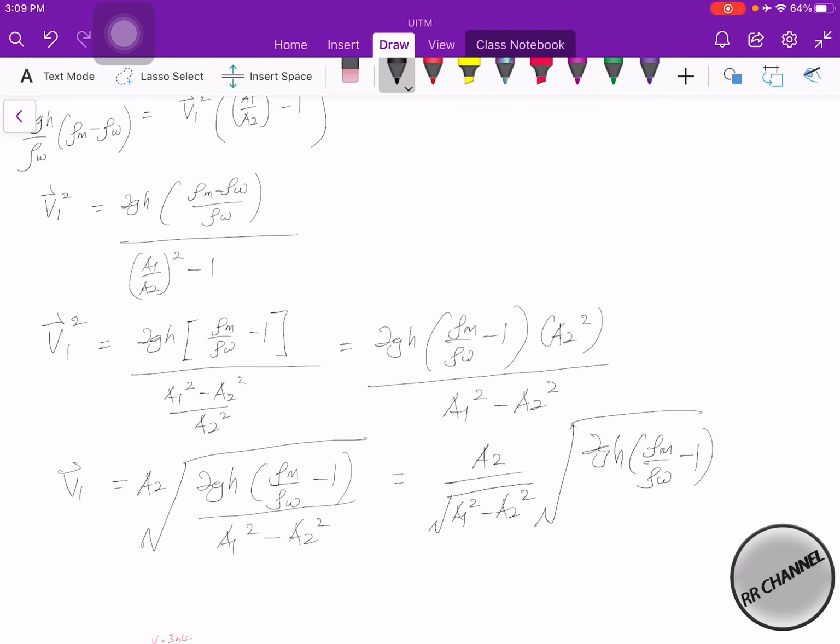In order to get the velocity at point 2, you can connect it with the continuity equation and get a different kind of formula. How about the flow rate?